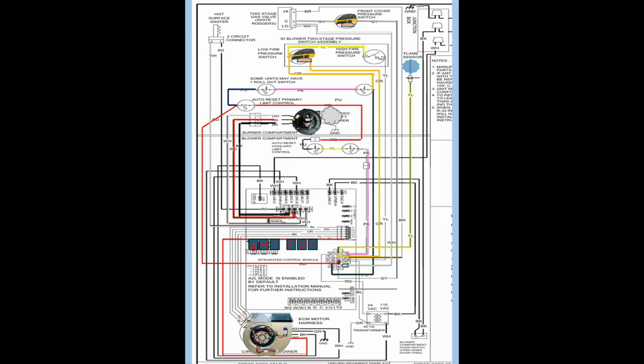After 30 seconds, the indoor blower motor is energized on first stage heating speed. The blower motor common is just a regular 24-volt common, and we will discuss that in a minute.